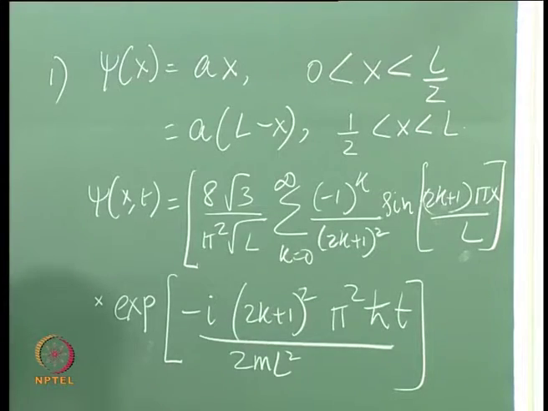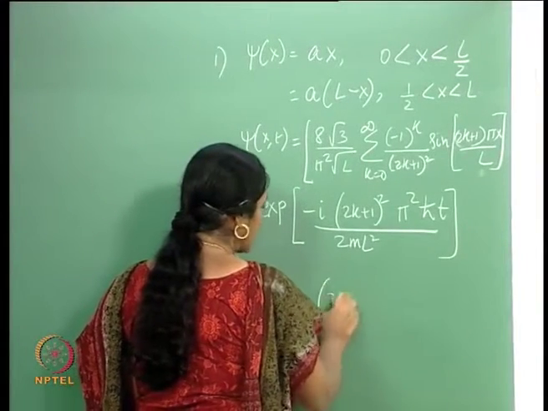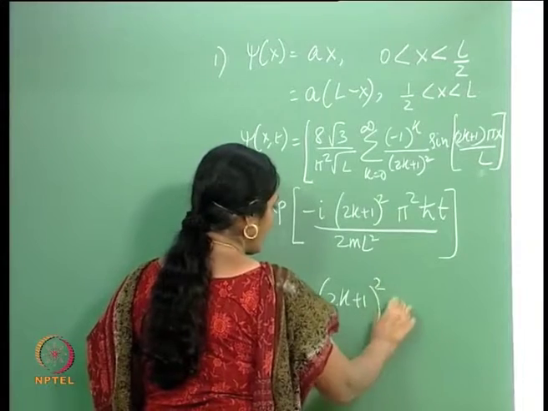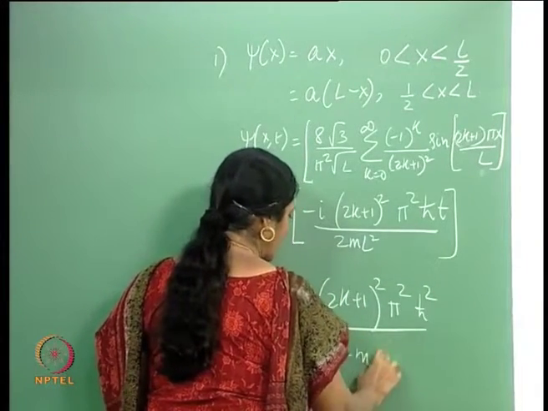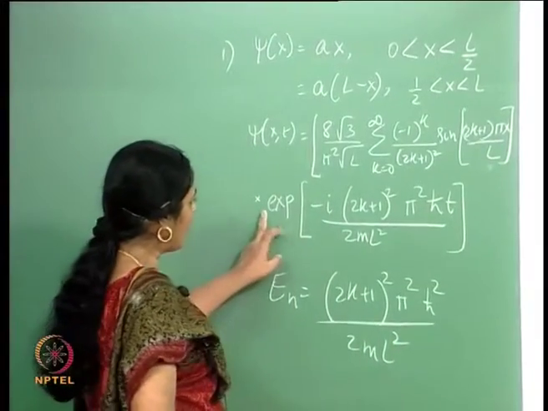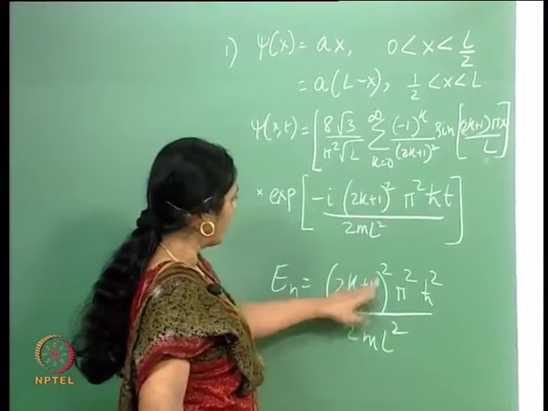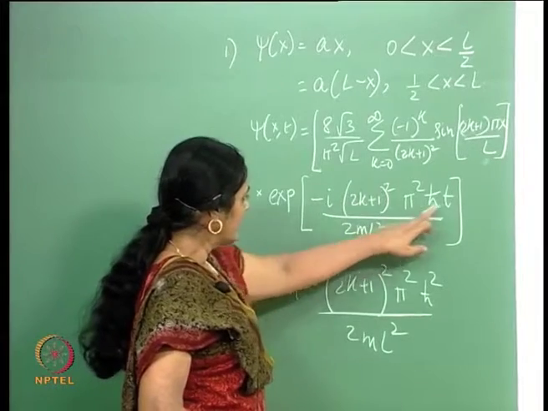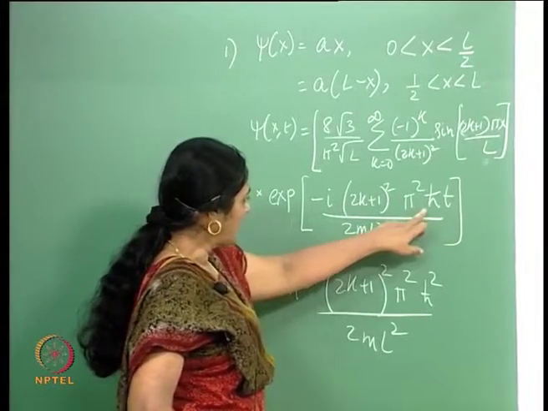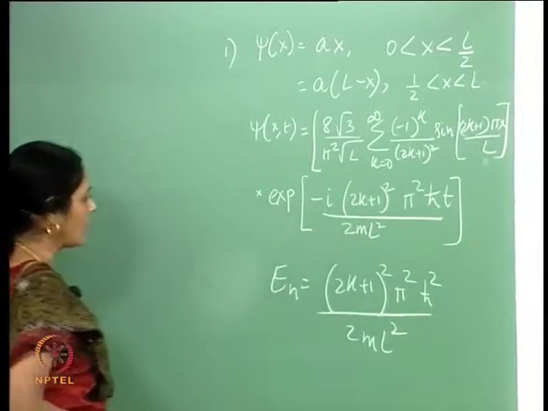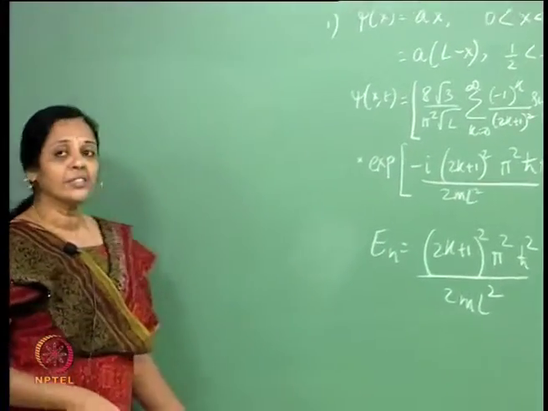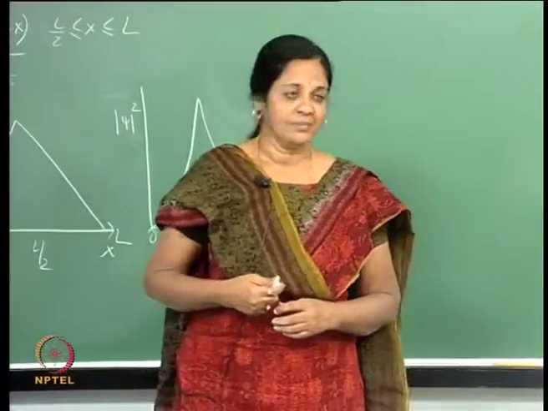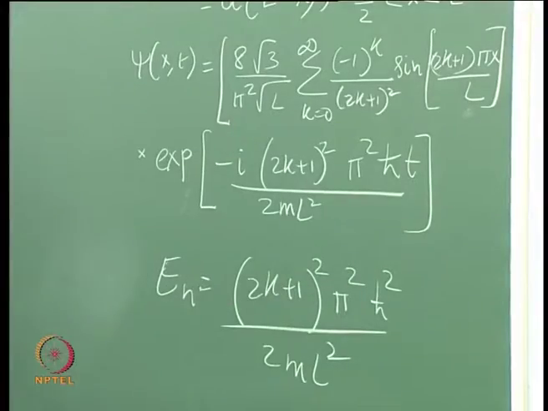So, remember that E n in this problem is n squared pi squared h cross squared by 2m L squared, and therefore I have exponential of minus i E t by h cross, and that is why there is just one h cross out there. This is what you get for psi of x t. Leave it to you as an exercise.